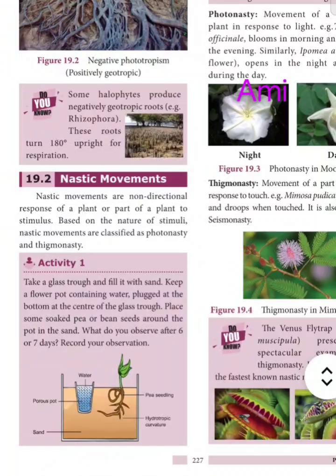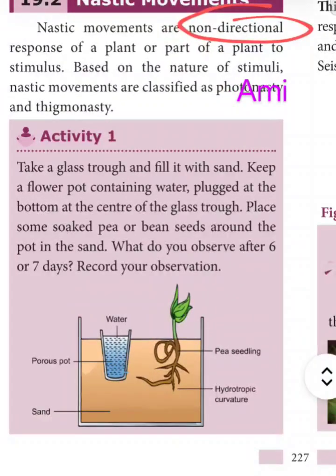Now coming to the nastic movements. These are non-directional movements based on the stimulus. We'll observe this with the help of an activity. Take a glass and fill it with sand. Keep a flower pot containing water plugged at the bottom center of the glass.